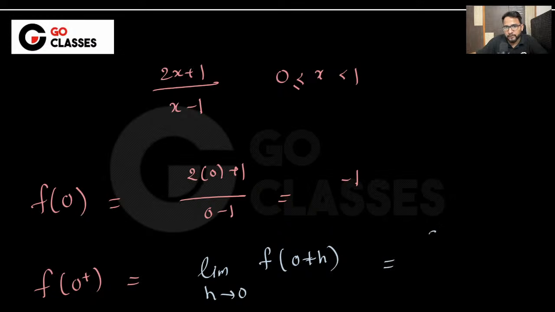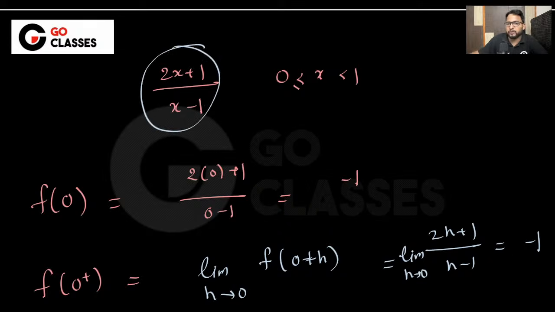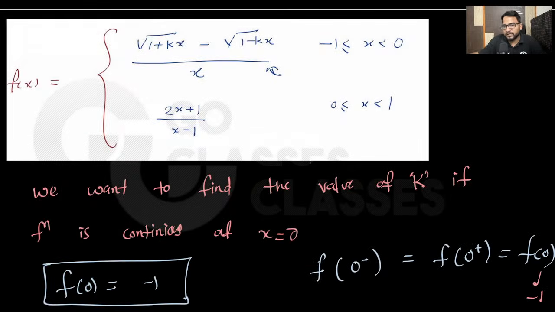So it is 2h plus 1 upon h minus 1, limit h tends to 0. Now it is simply minus 1. Or you can directly apply x equal to 0 plus here, and you can intuitively say that it is also minus 1. So to check whether the function is continuous or not, these three quantities must be the same, but these two quantities were extremely easy to find out, which is minus 1, minus 1.